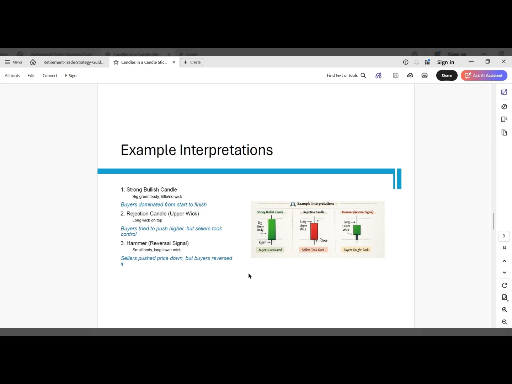Now, a hammer is an interesting candle because it also signifies a reversal. So say, for example, you have a downtrend, and at the bottom of the V of that down, you see a stout body with a really tall wick. They call that a hammer. It kind of looks like an old style hammer. What that is telling you is that it's getting ready to turn around and reverse the other direction.